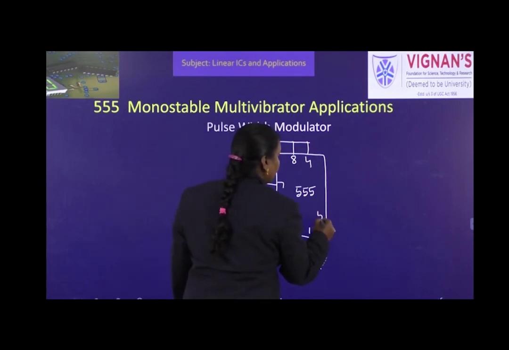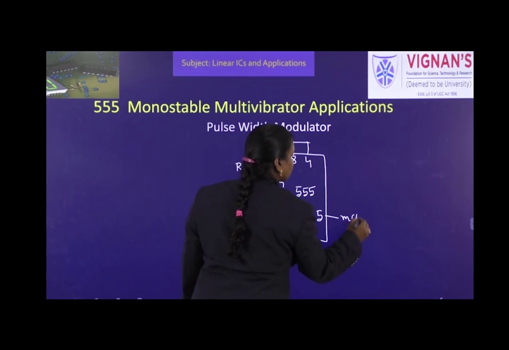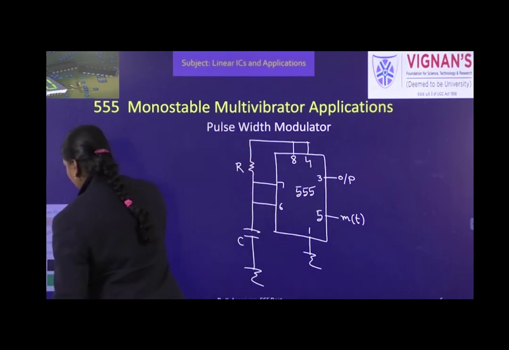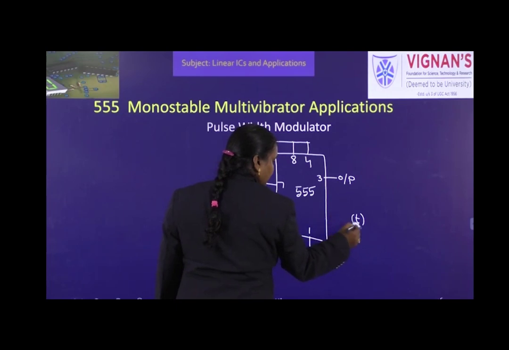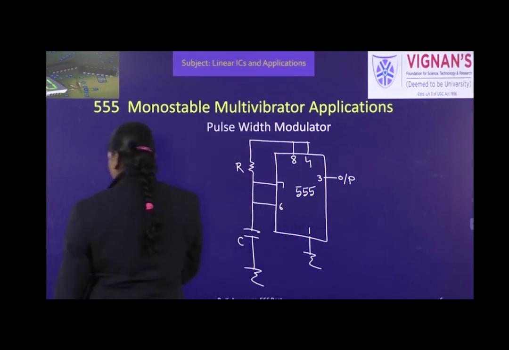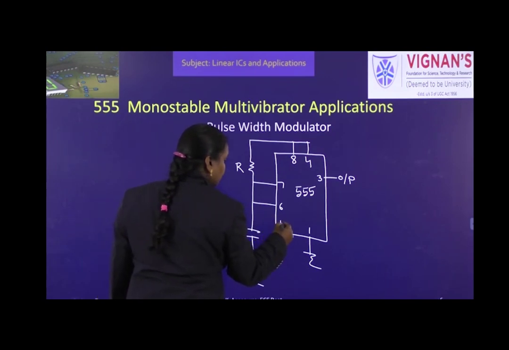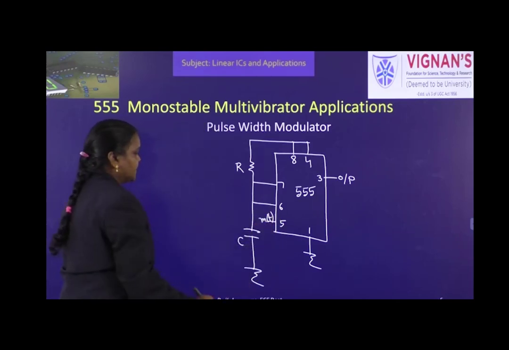For the 5th pin, we will give the control voltage or message signal. And at the 3rd pin, we will take outputs. So better inputs should be drawn this side. Okay, this is the only difference here.